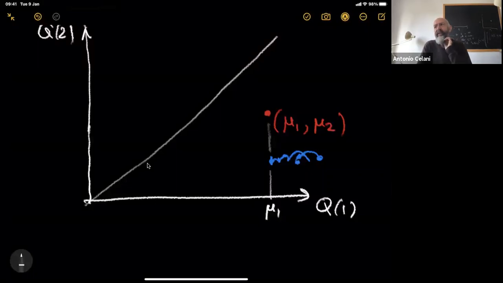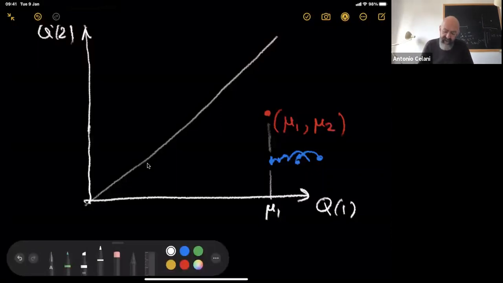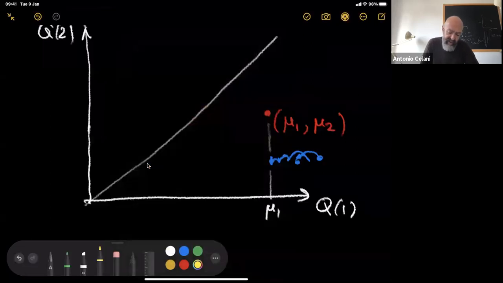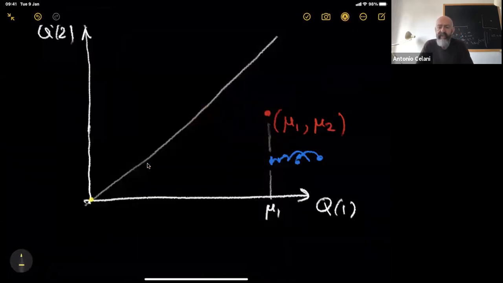Now, let's see what happens if you start from another choice. So for instance, let's do the fair stuff and let's say what we've been doing until now. So let's start with 0. And since we start with 0, now we are totally indifferent. There's no preference.